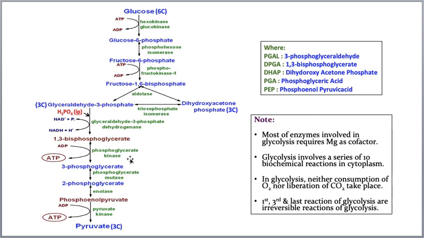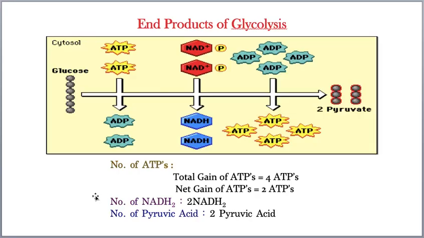Now what are the end products of glycolysis? Let us read. See, this one glucose is breaking down to form 2 pyruvic acids. So number of pyruvic acids, how many? 2. Now how many NADH2s?